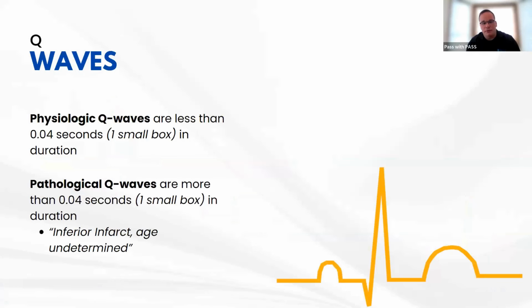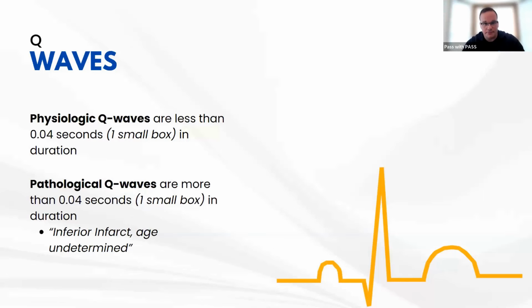So if any of you have done a 12-lead EKG and you've seen something at the top, that portion that I told you earlier in the very beginning of this, don't really invest too much into that. If you see some type of language that says inferior infarct, age undetermined, or lateral infarct, age undetermined, or whatever it may be, what that monitor is picking up on are pathological Q waves in those corresponding leads.